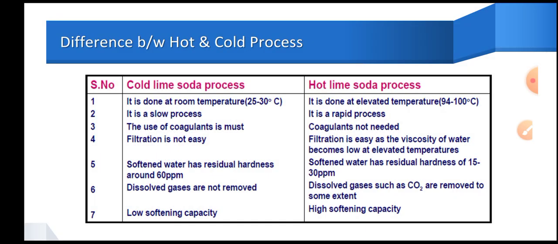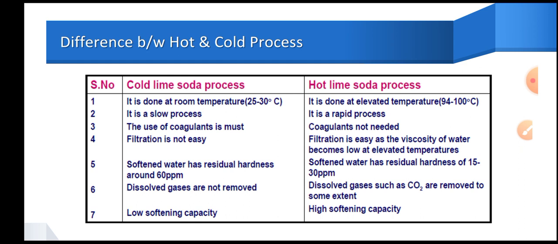So let us see the differences between the hot and cold lime soda process. Cold lime soda process usually occurs at room temperature, whereas the hot process occurs around 100 degrees. Cold process is a slow process, whereas hot process is rapid.